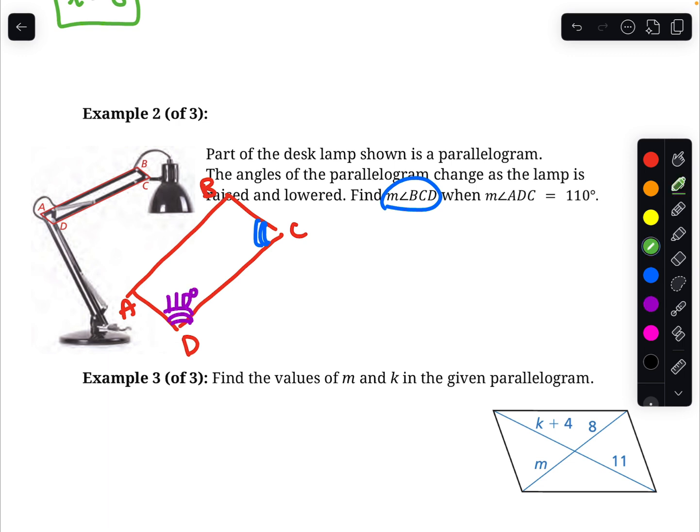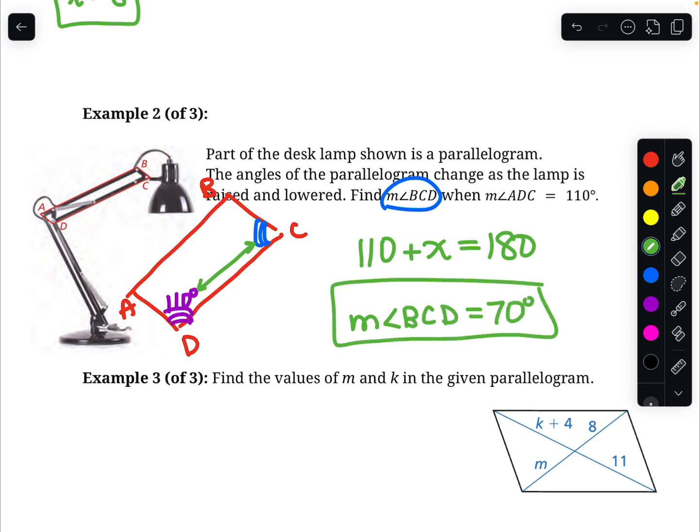Well, these are not opposite angles. D and B are opposite. A and C are opposite. D and C are consecutive. And what do we know about the consecutive angles in a parallelogram? They are supplementary, which means that the measure of angle BCD is going to be equal to 70 degrees.